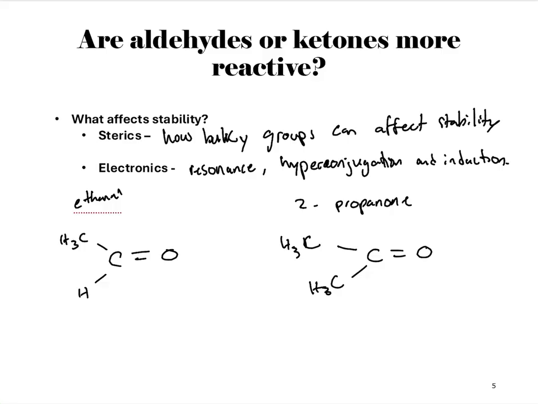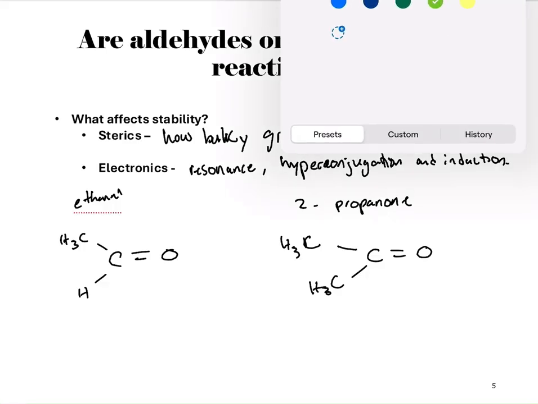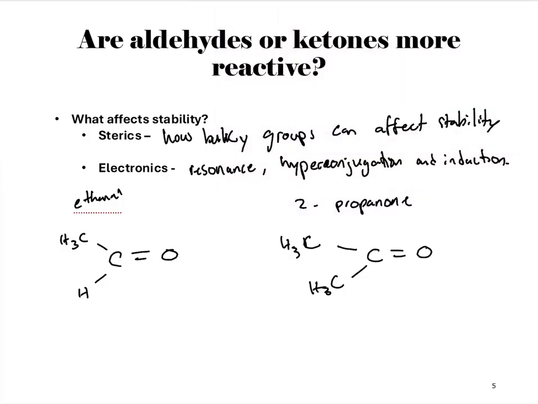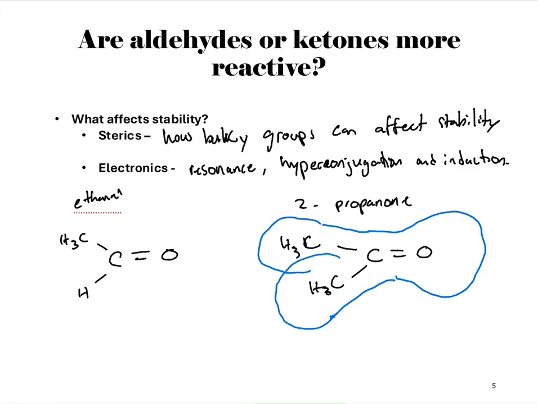But if we were to draw what we would anticipate the electron density to be for both of these groups, let's say I'll use blue for electron density, these are going to be kind of bulky like that. It's going to be similar here, and then there's going to be a lot of electron density around the oxygen there. And this is the same idea here. They're going to have a bulky part of the 2 methyl groups that are right there.